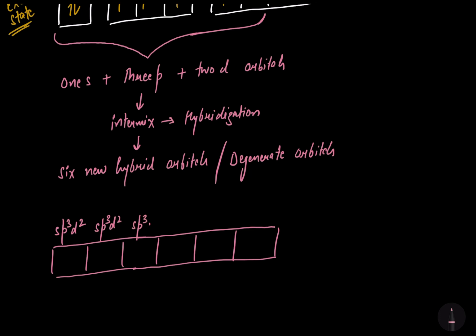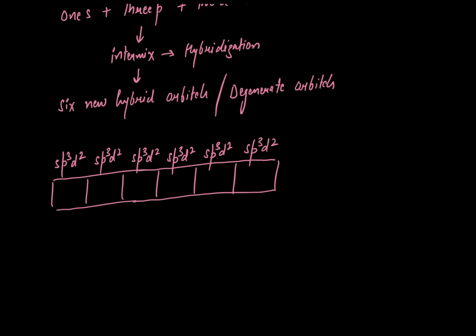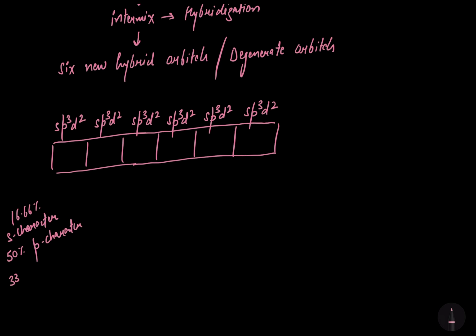The third, fourth, fifth, and sixth are also sp3d2 hybrid orbitals, which are having 16.66% s character, 50% p character and 33.32% d character per hybrid orbital.